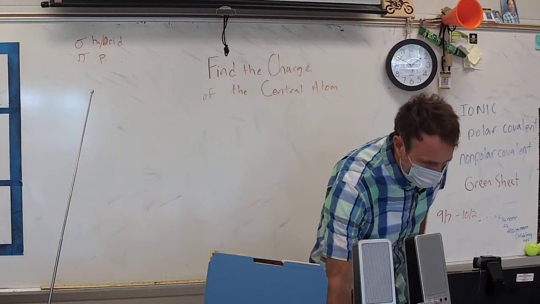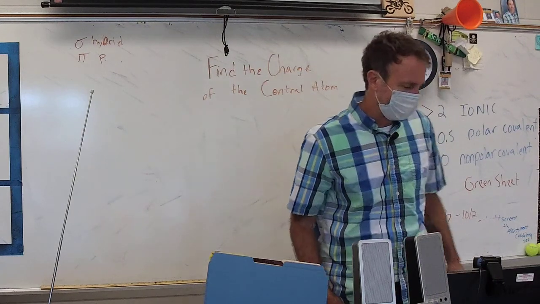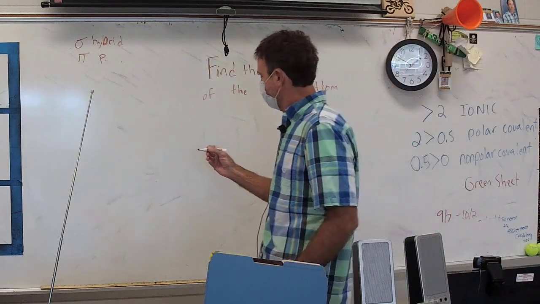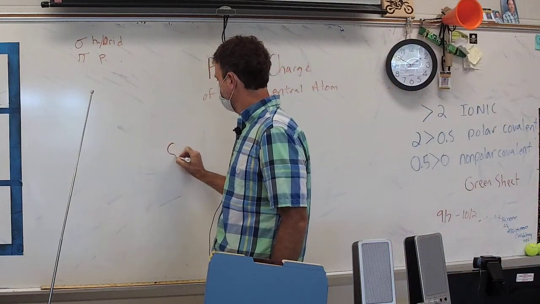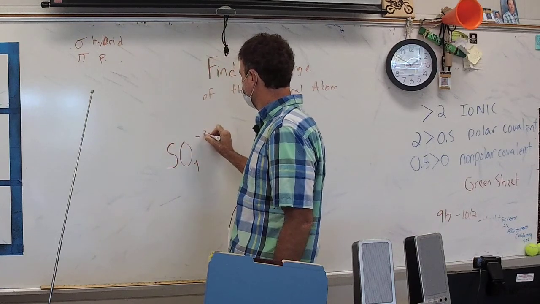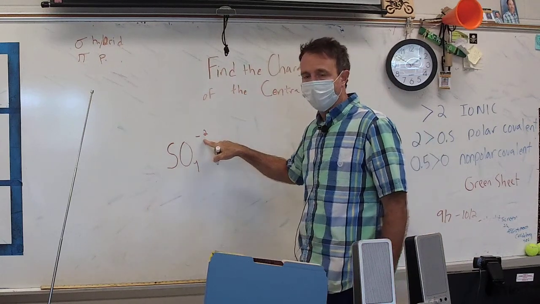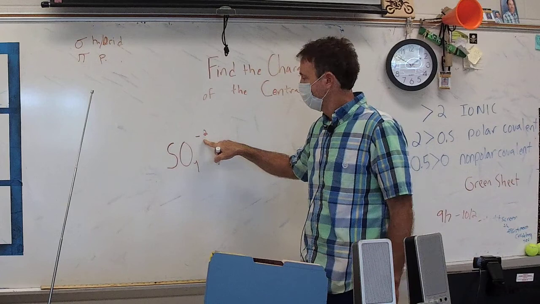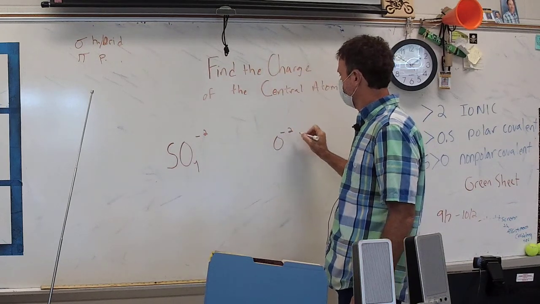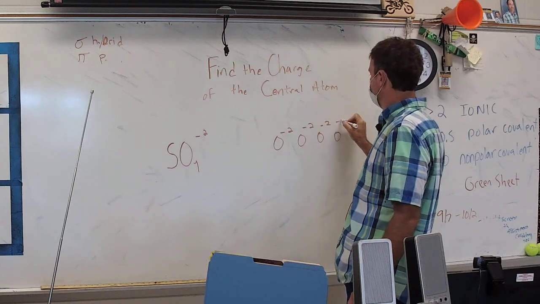All right, so if we looked at some of these, what's the charge of the S in sulfate? Sulfate is SO4 with a -2 charge. So that means the total charge needs to be -2. You know that every oxygen is -2, every time.